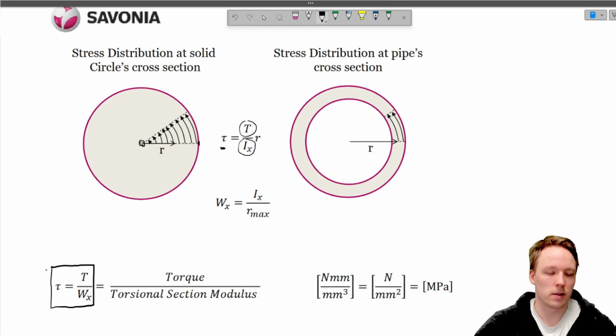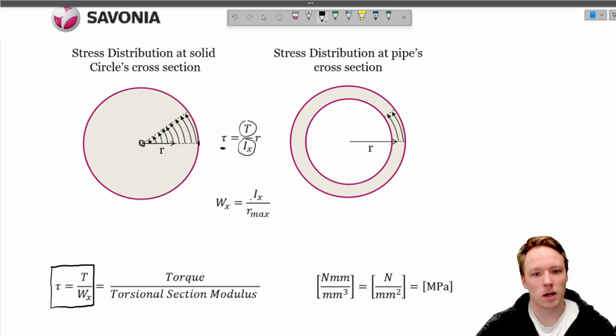In this case, the torque is divided by the torsional section modulus Wx, and Wx for round axles or tubes is simply Ix divided by R maximum, the maximum radius of this piece.